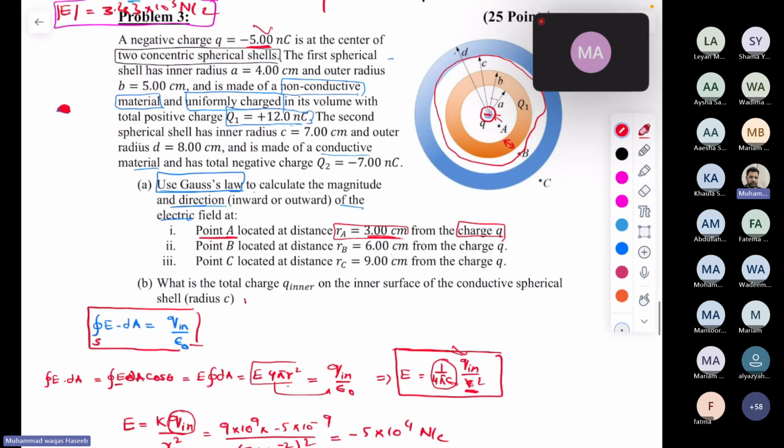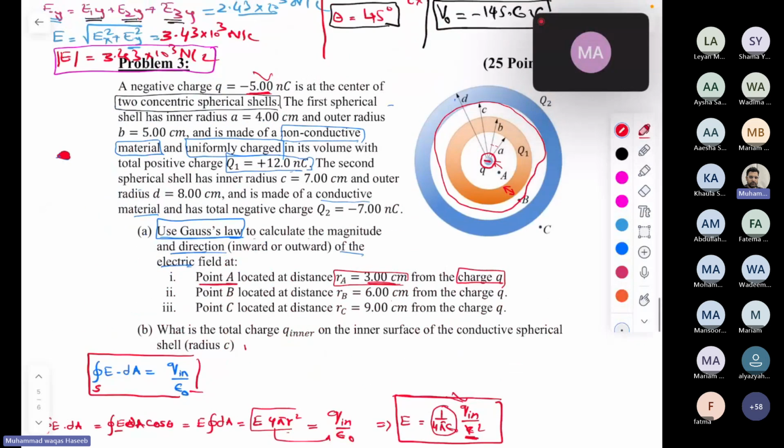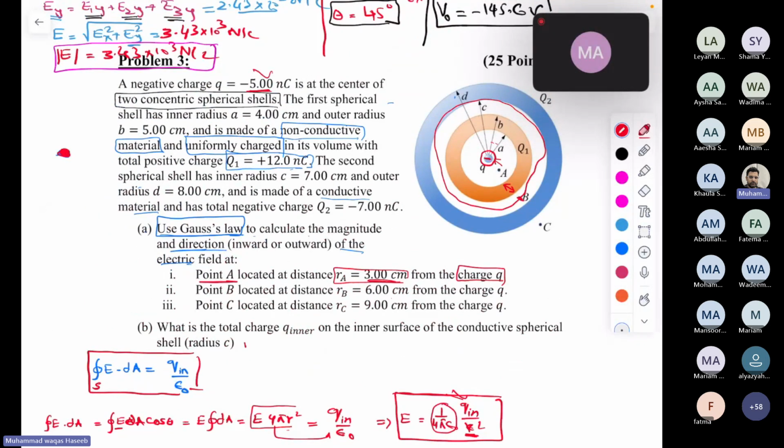So the total charge enclosed will be the small charge Q plus Q1, and it is at a distance RB from the center.